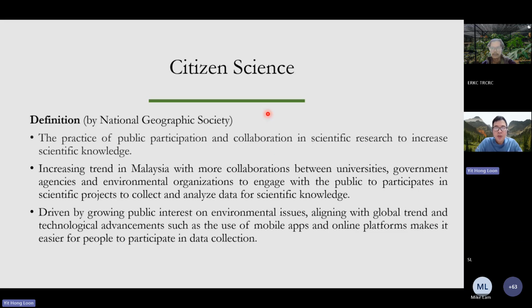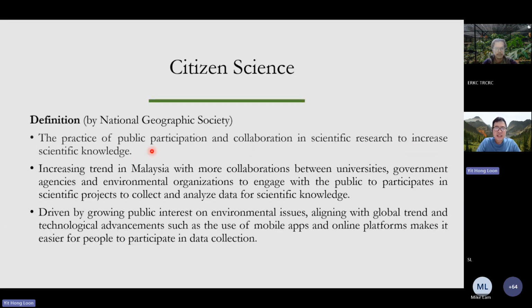Okay, so we call ourselves citizen scientists. We are not scientists, we are not researchers or academics, but we are citizen scientists. So by definition, what is a citizen scientist? Citizen science is a practice of public participation and collaboration in scientific research to increase scientific knowledge.